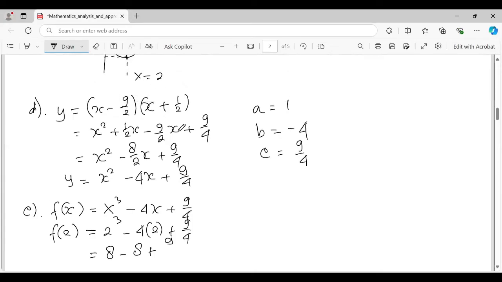Oh, this is supposed to be minus. This is minus, actually. Wait, I have to fix it. Okay.